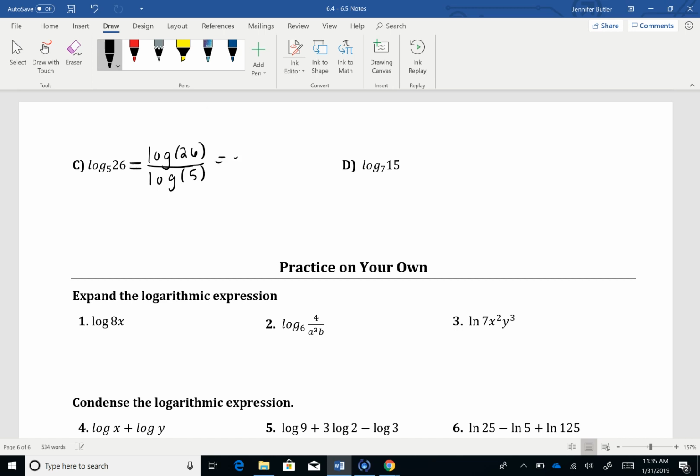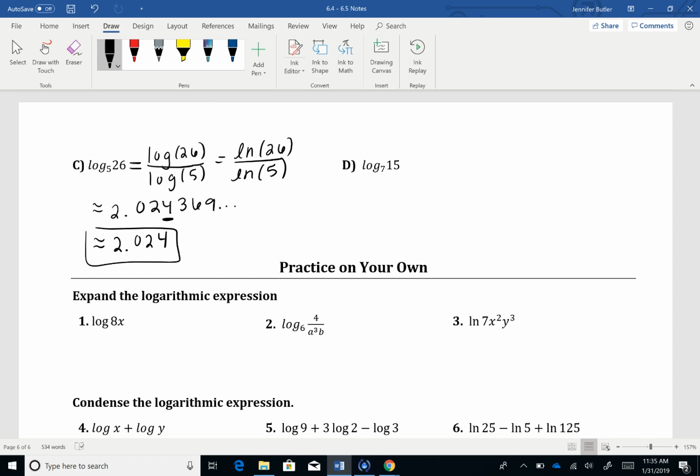Or if you're a natural log fan, take the natural log of 26 and divide it by the natural log of 5. Either way you do it, you should get a decimal of approximately 2.024369. Rounding to 3 decimal places, because a 3 follows the 4, we will keep it as 2.024.